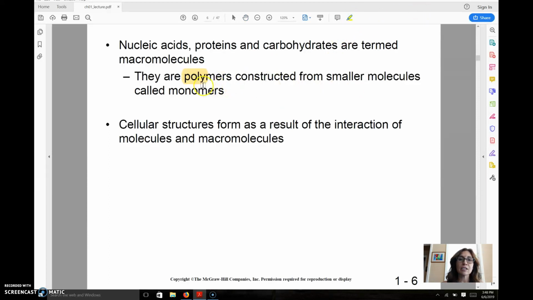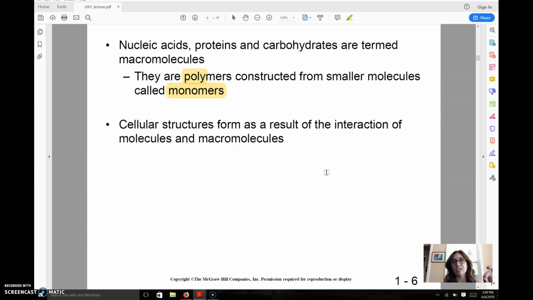Basically, polymer means many repeating units of small molecules, usually called monomers, mono for single, mers for single unit. And when you link these together, you get long chains, okay? Those would be your proteins, nucleic acids, carbohydrates, and to some degree also fatty acids, but we'll get to that later.